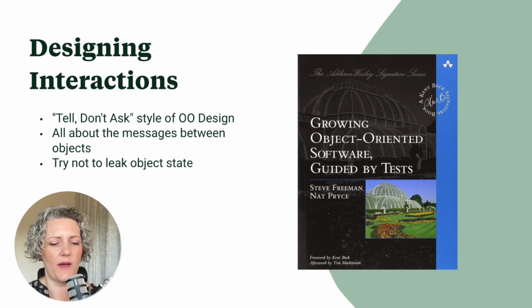So it's all about which messages the objects are passing to one another and how you distribute the responsibilities between those objects. And you don't really want to have those objects leak or expose the state that they've got. And a lot of classic test-driven development would have you query the state of an object in the assert part of the test. But in this style of TDD, you don't want to expose that state, so you have to find another way to check what's happened, and mocks is the way you do that.